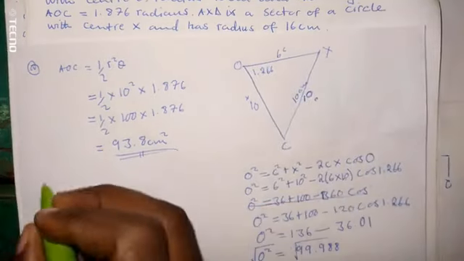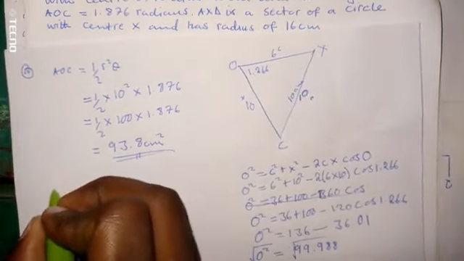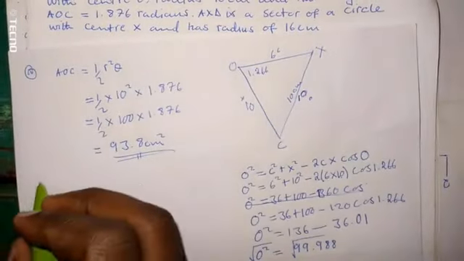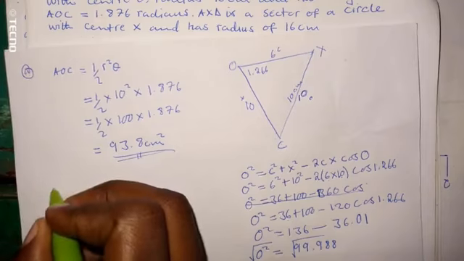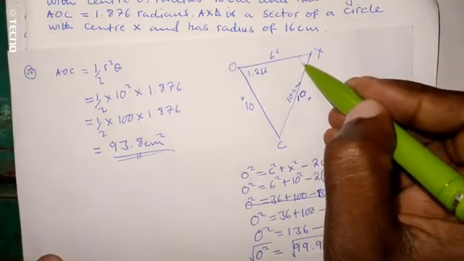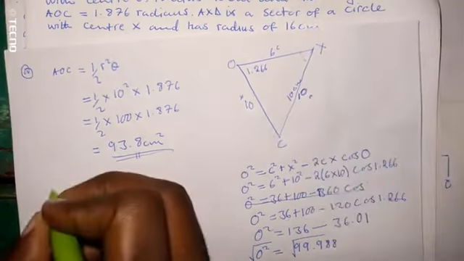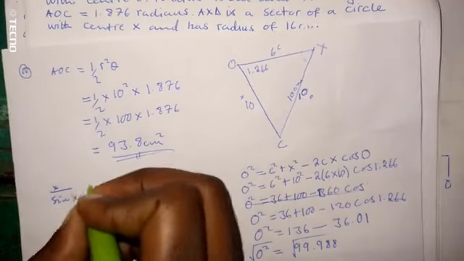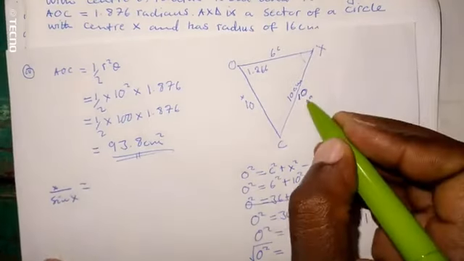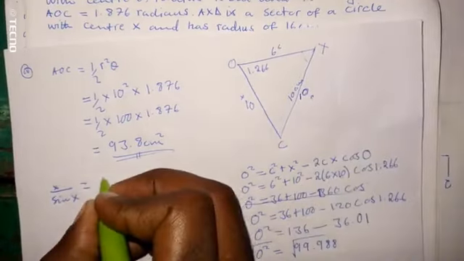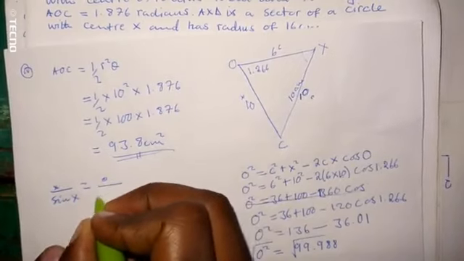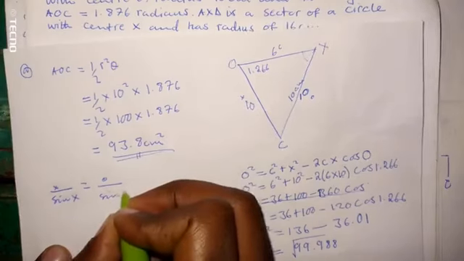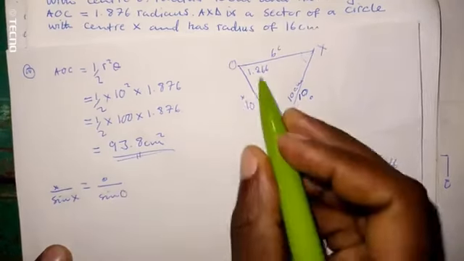So we say sine X over, no: X over sine X is equal to O over sine capital O, which is this one.